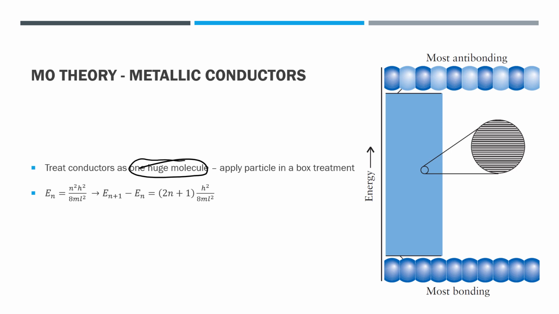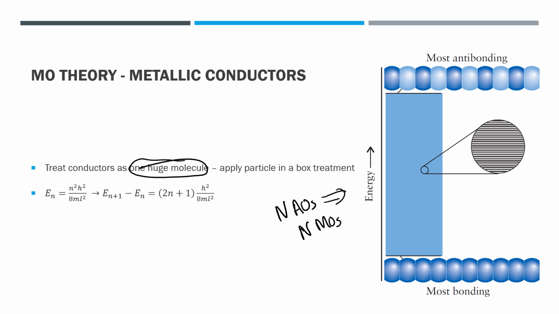I'm just going to give a very general overview. These valence electrons in the metal are going to occupy delocalized molecular orbitals that spread through the entire solid piece of metal. An important thing to remember is that if we have n atomic orbitals, that's going to form n molecular orbitals.